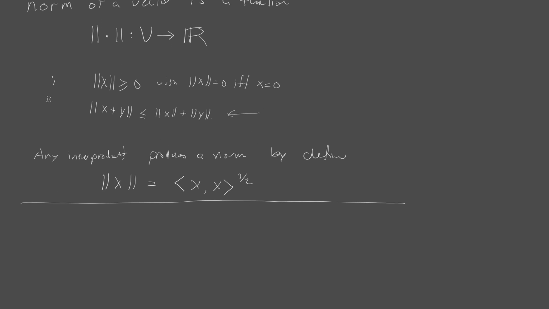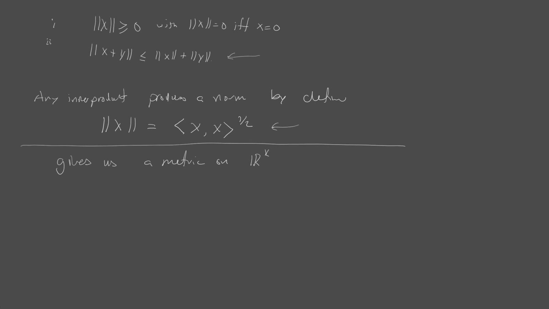Okay, so this norm that we get from here gives us a metric on R^k, specifically the Euclidean metric. How? Well, the distance between two vectors is just going to be the norm of their difference.